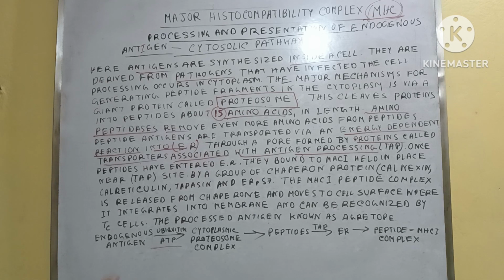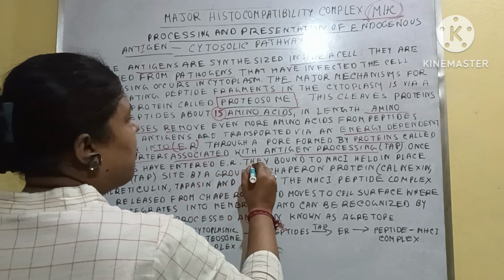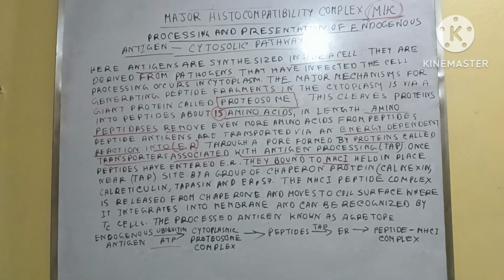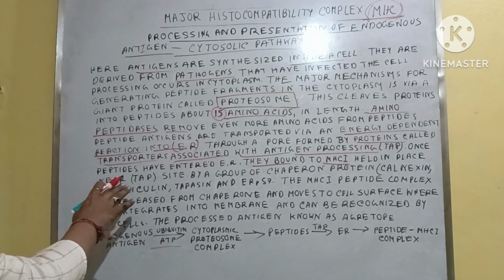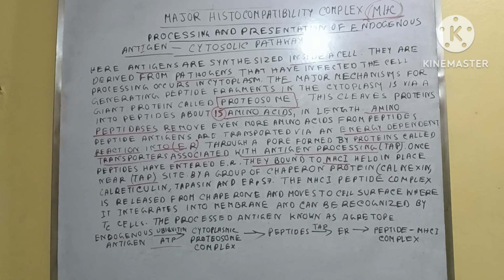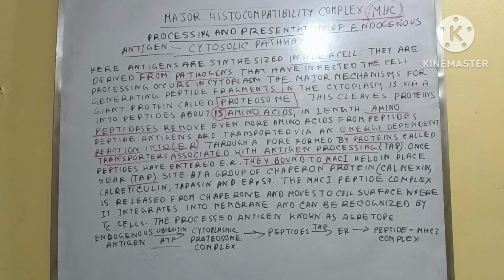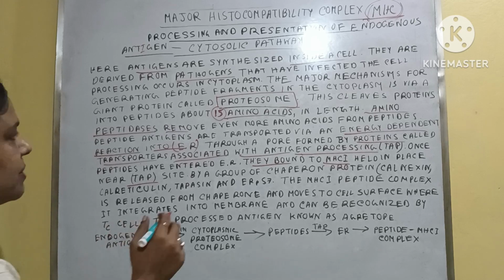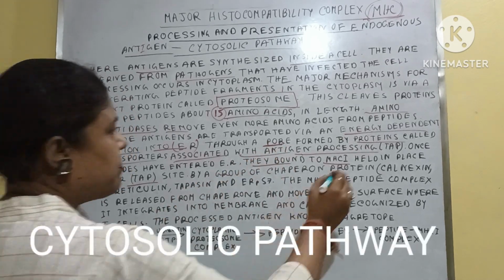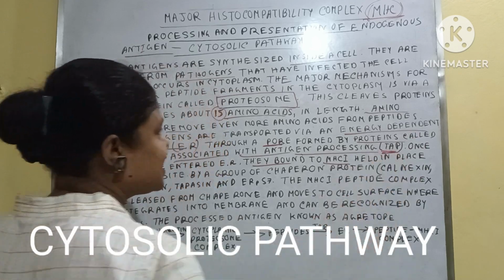Once peptides enter the ER, they bind to MHC1, which remains near TAP. Sorry, one second. I think the explanation here was wrong. The pore is known as TAP, clear.